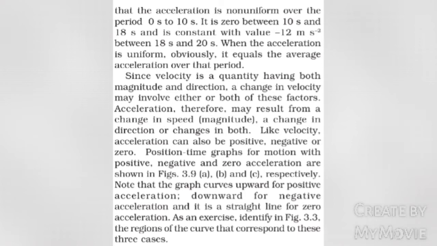Position time graphs for motion with positive, negative and zero acceleration are shown in figures 3.9 A, B and C respectively. Note that the graph curves upward for positive acceleration, downward for negative acceleration, and it is a straight line for zero acceleration. As an exercise, identify in figure 3.3 the regions of the curve that correspond to these three cases.